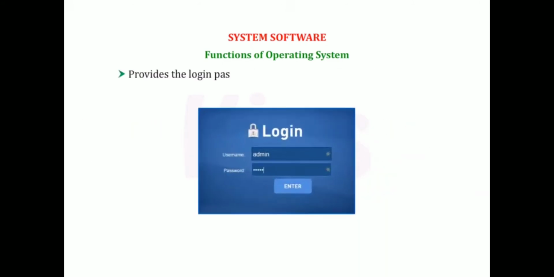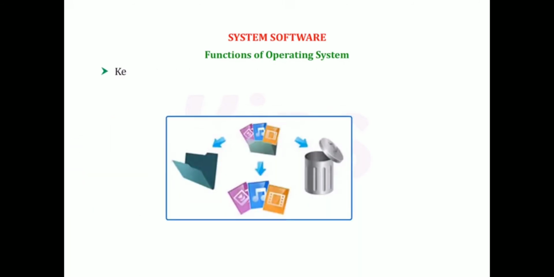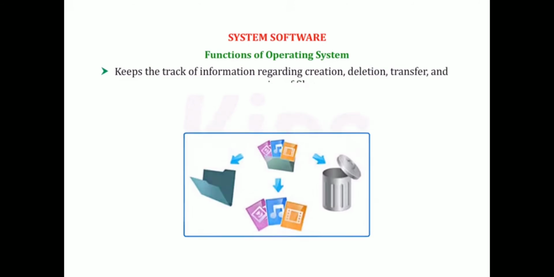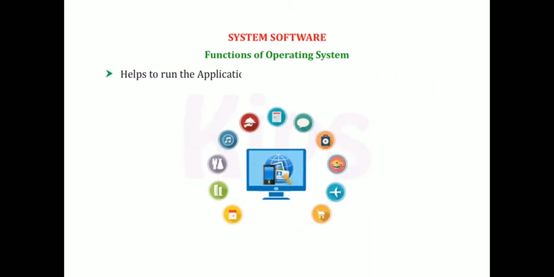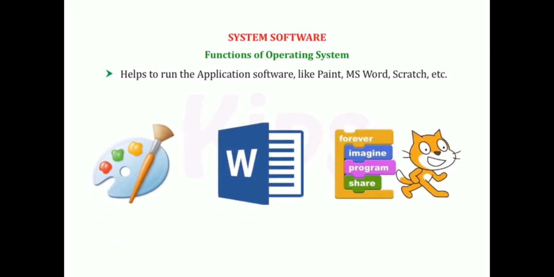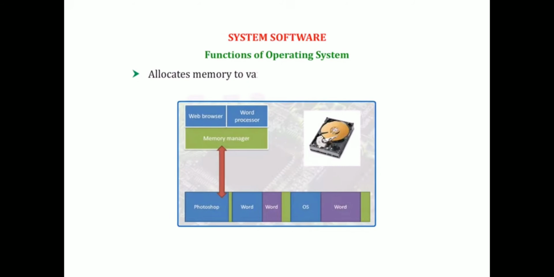Provides the login password to prevent the misuse of computers. Keeps track of information regarding creation, deletion, transfer and copying of files. Helps to run the application software like Paint, MS Word, Scratch, etc. Allocates memory to various programs whenever required.